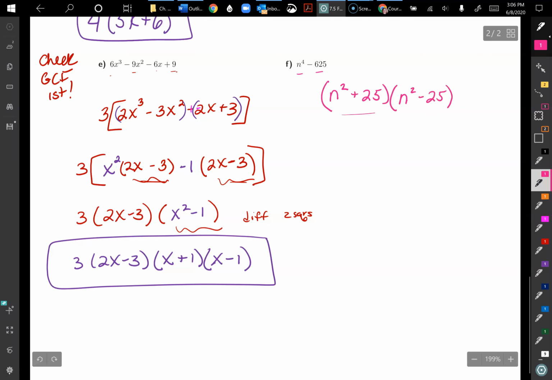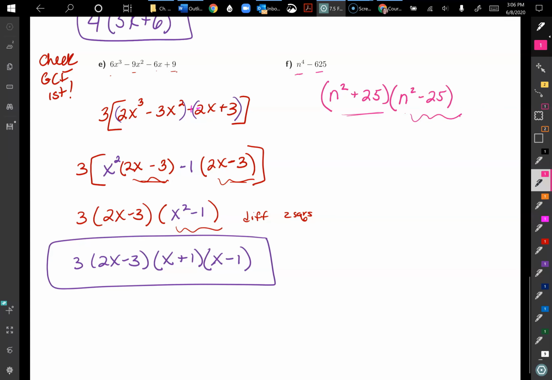Now this one I just have to leave. So that one just ends up being a sum of 2 squares, by taking the square root of each of those. But now this one, we're actually going to boil down further because that's a difference of 2 squares.